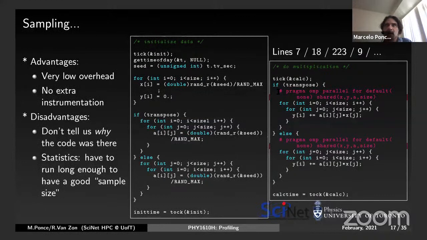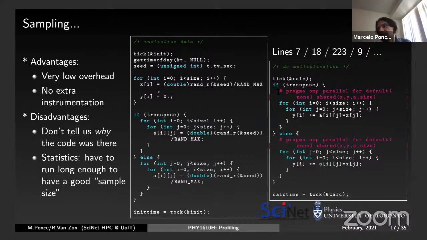So I think I mentioned this, or if not, we can talk a little bit about this. What advantages does it have? It has a very low overhead, very benign. It doesn't affect much of the code. It doesn't require instrumentation, so you won't be modifying your code at all. The disadvantage is it doesn't tell us why the code was there.